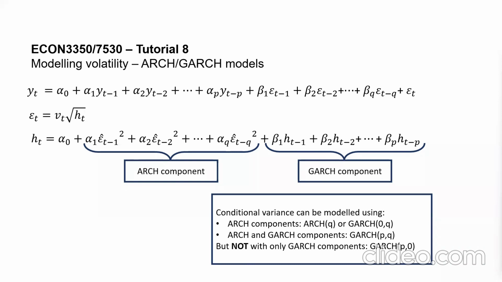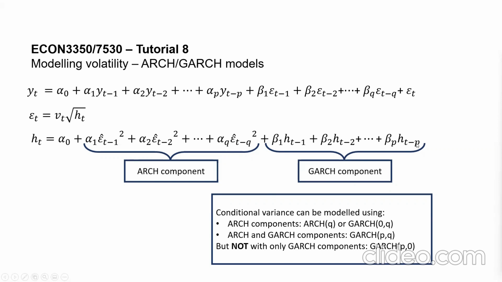In terms of the notation, we call the number of lags for the GARCH component P and the number of lags for the ARCH component Q. Even if ARCH comes first, we leave that as Q. So we will use GARCH(p,q) or ARCH(q), depending on whether you have GARCH components. An ARCH(q), of course, is equivalent to a GARCH(0,q).